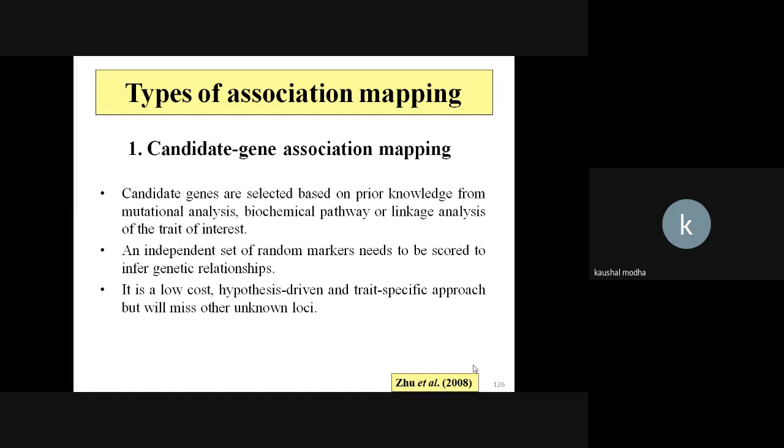So we limit our search to that region and try to associate the polymorphisms present within it with the trait. One limitation of this approach is that because we are limiting our search to a particular region, other loci governing that trait are not accounted for.